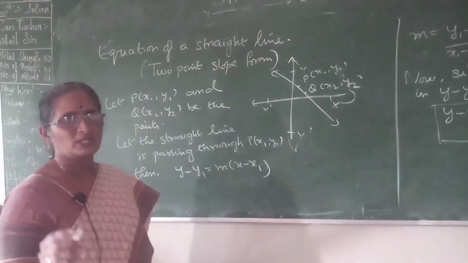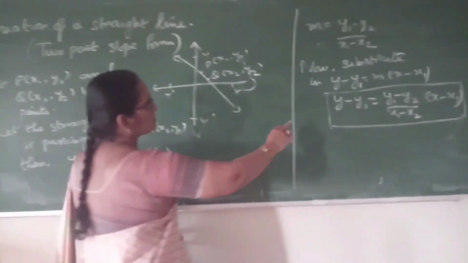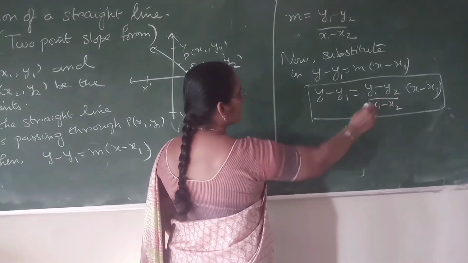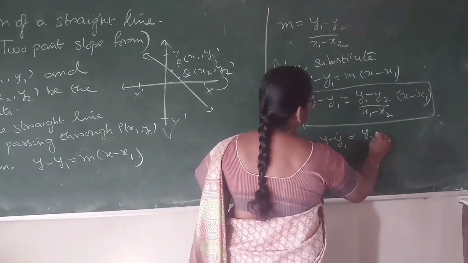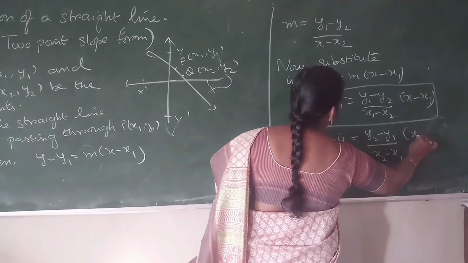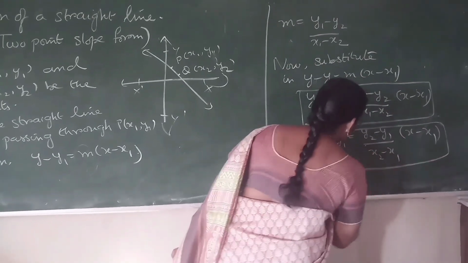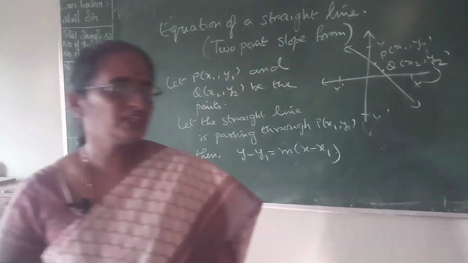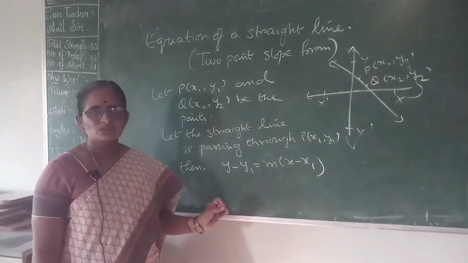When you are having 2 points, x1 comma y1 and x2 comma y2, then you can write like this: y minus y1 is equal to y1 minus y2 by x1 minus x2 into x minus x1, or like this also. Both are correct.